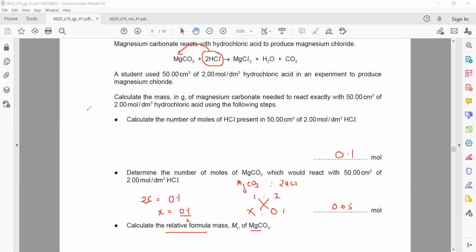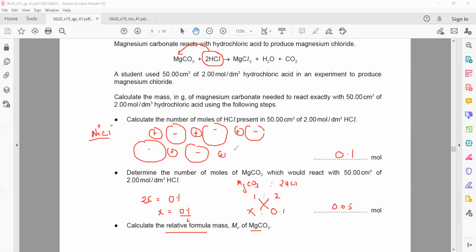What is the reason why specifically for ionic compounds we use this term formula mass? Because if you have sodium chloride, it's an ionic compound. It does not mean you have one sodium and one chloride. What you have is millions of sodium ions and chloride ions held together by a strong electrostatic attraction. But what is the simplest ratio of the ions present in the structure? The simplest ratio is one sodium and one chloride.